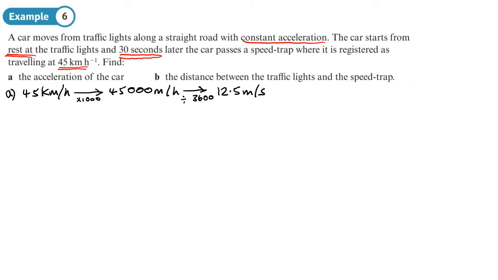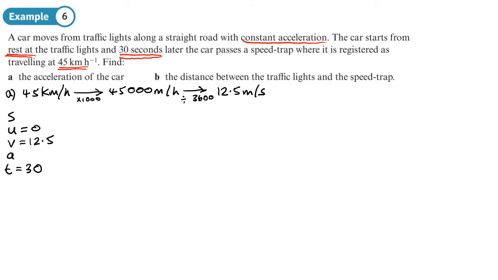So now I'm ready to use SUVAT. SUVAT starts from rest. U is 0. It's traveling at 45 kilometers per hour, 30 seconds later. So time is 30. V is 12.5 meters per second. That's the 45 kilometers per hour.